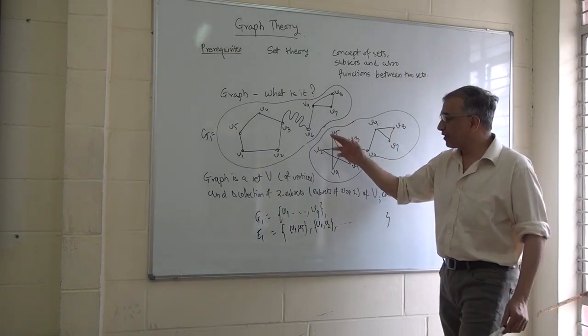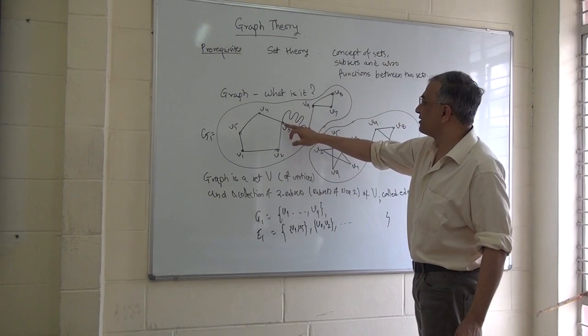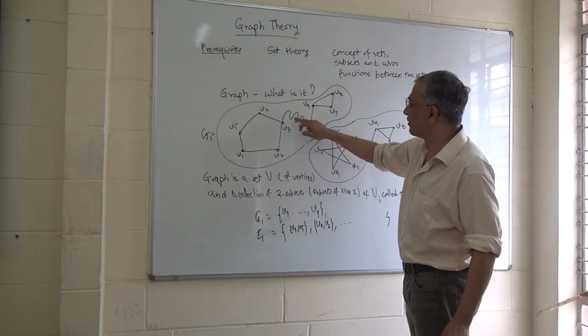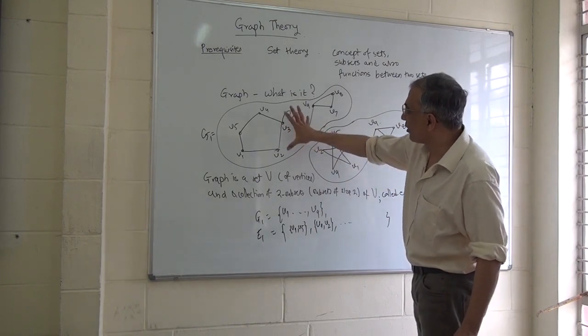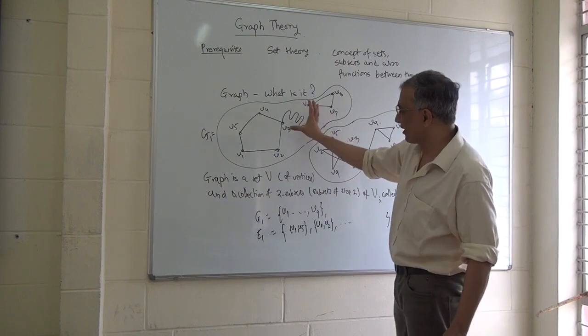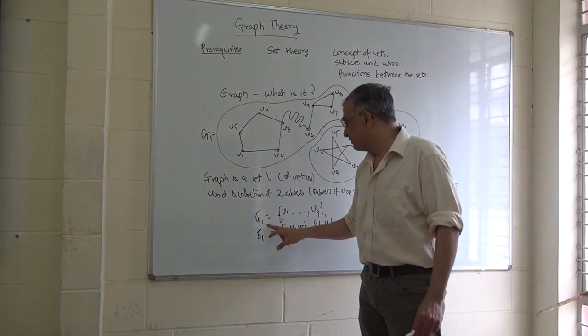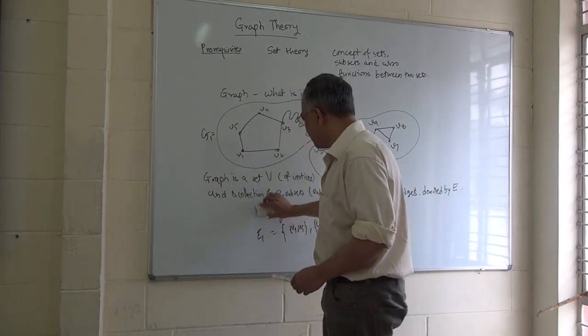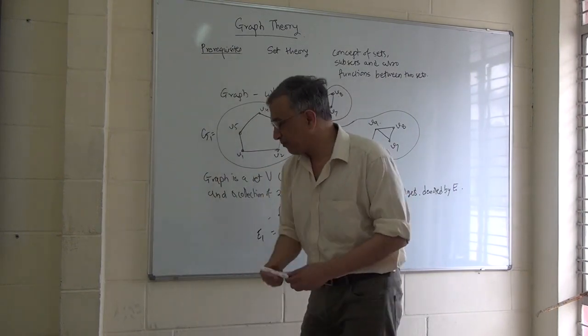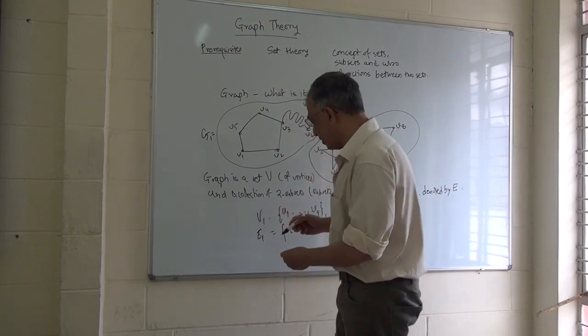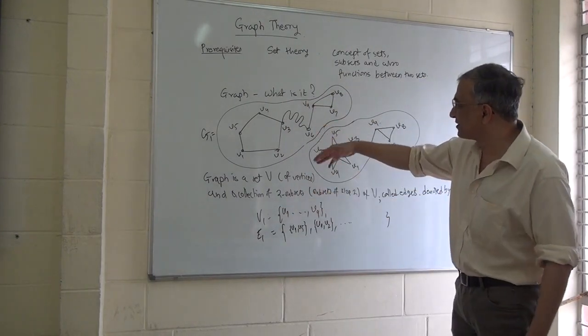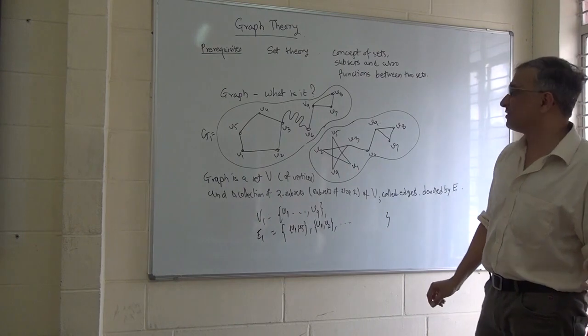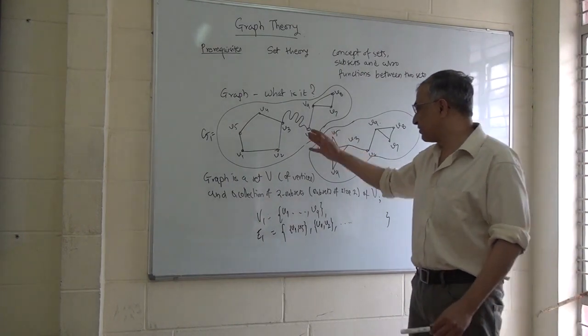However, as a 2-subset, whenever there is an edge, we only look at the endpoints. We don't look at what happens in the middle. So whatever way you draw this graph, as long as the vertices and edges remain the same, we can say that the graph is actually the same graph.